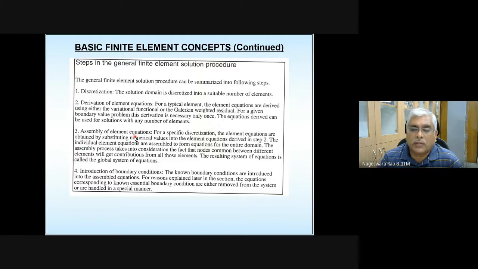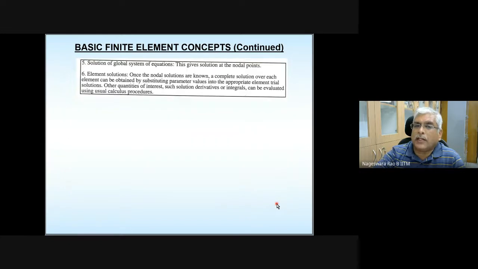After you get the global equation system, you apply the boundary conditions, introduction of boundary conditions. And once you introduce the boundary conditions, you are ready to solve the equation system, solution of the global equation system. Once you solve it, you get the nodal values or nodal parameters, the approximate solution at each of the nodes.